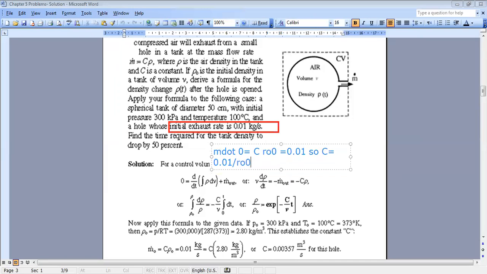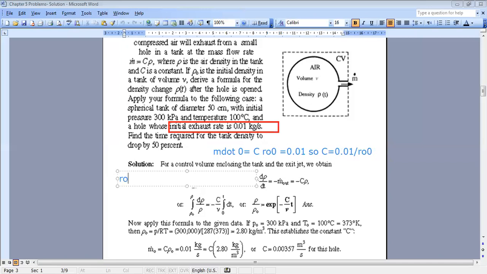Then the question was, find the time required for the density to drop by 50%. If it drops by 50%, what does this mean? We can say that rho over rho 0 is equal to 0.5. So you replace rho over rho 0 by 0.5, then you will get your only unknown, which is the time t.